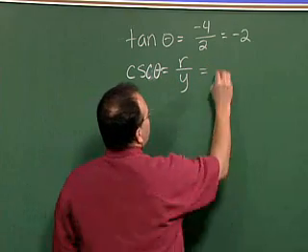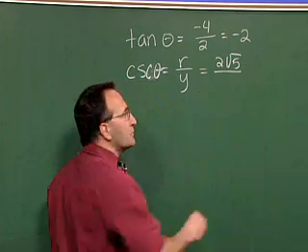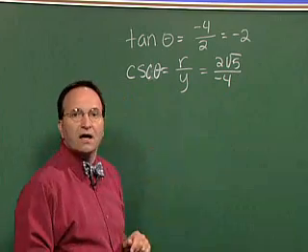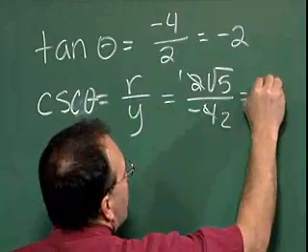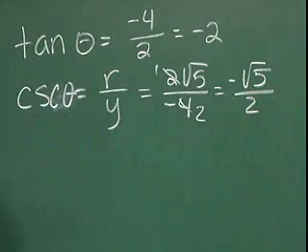Well, r, remember, is 2 square roots of 5, and y is equal to negative 4. And therefore, the cosecant of theta is equal to negative the square root of 5 over 2.